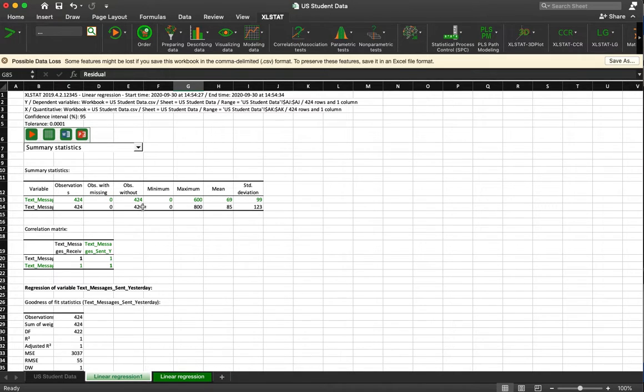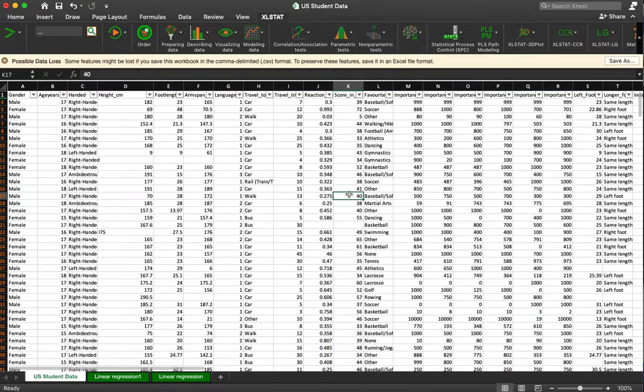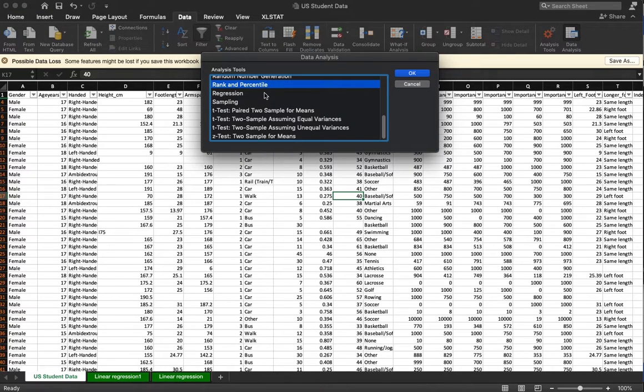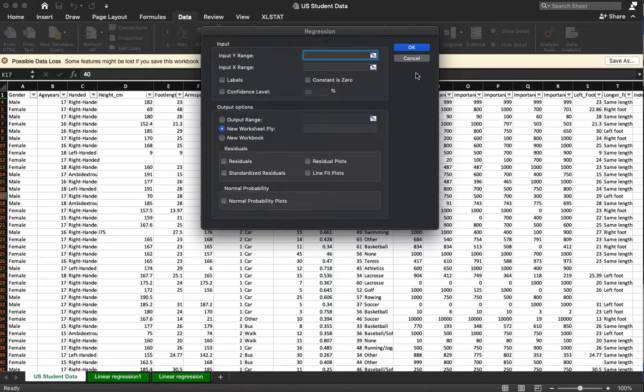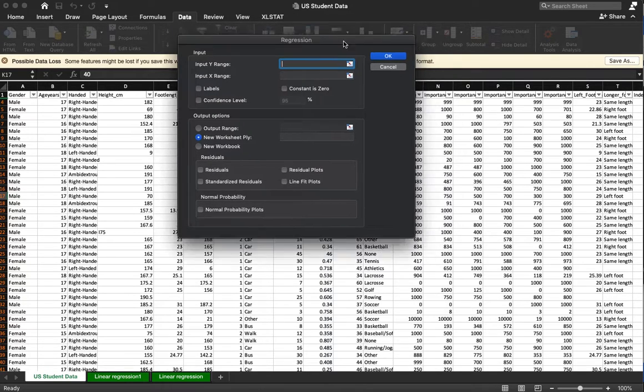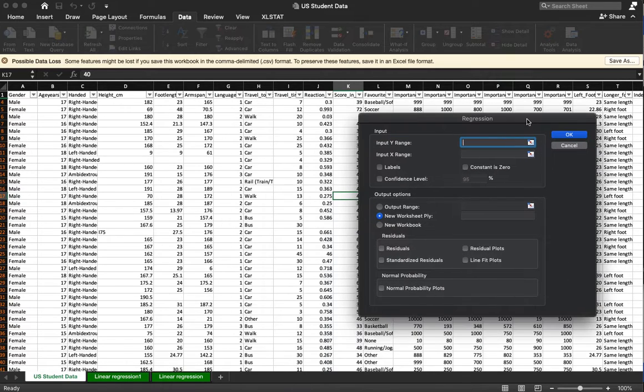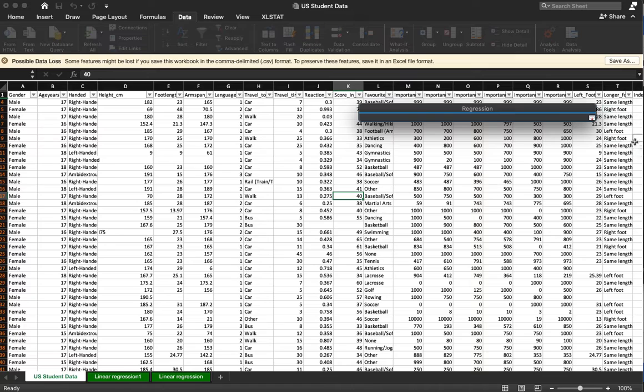Easy peasy, lemon squeezy. Let's do the same concept, but instead of using XLSTAT, we'll switch over and use our Data Analysis Toolpak. Clicking on regression, my y's are going to be, need to move over a little bit.